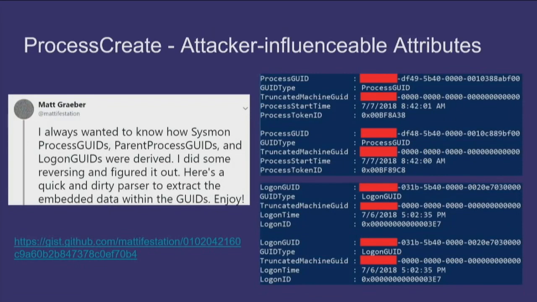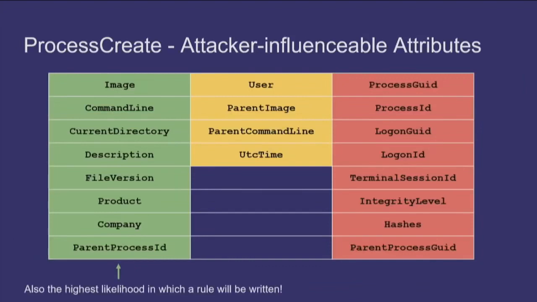So if you wanted to tamper with that, you'd have to be admin, the time of process start, and also the token ID. So I had to understand how it was derived so that I could be confident that I was actually placing it in the red category instead of making assumptions, because it's those naive assumptions that we as evasive attackers are trying to take advantage of.